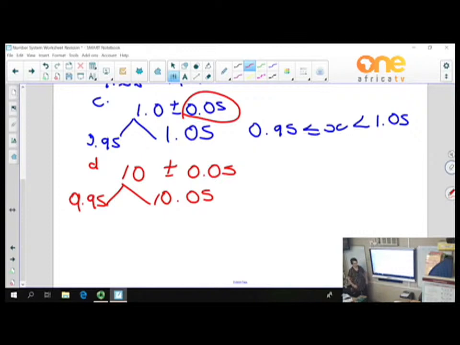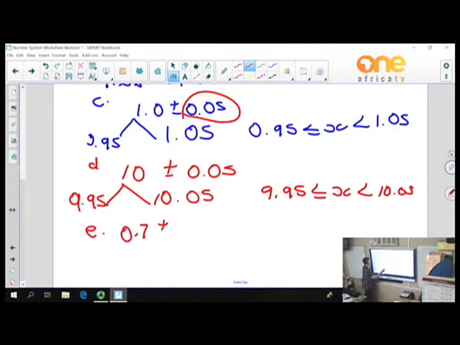Then it's easier to get this one. So the inequality is now 9.95 is less than or equal to x is less than 10.05. Do you have it correct? Grade 10s. The next one, E is 0.7 plus or minus 0.05.